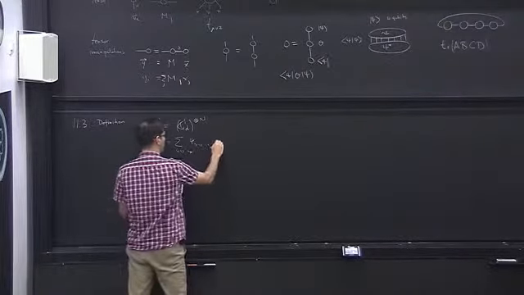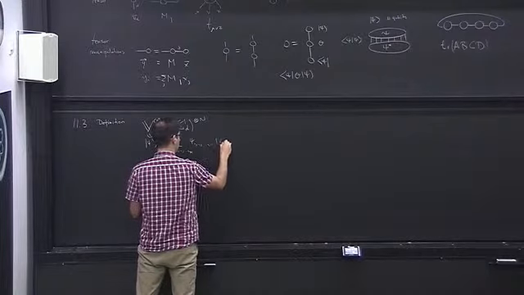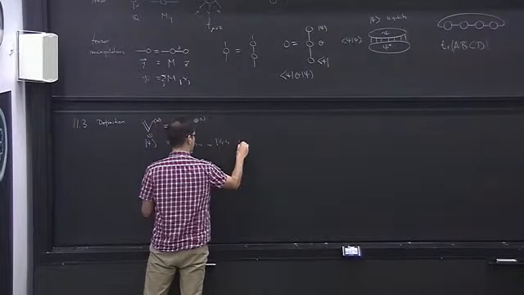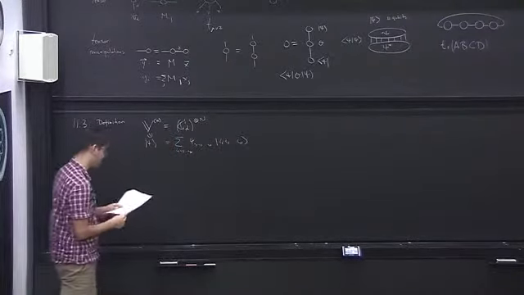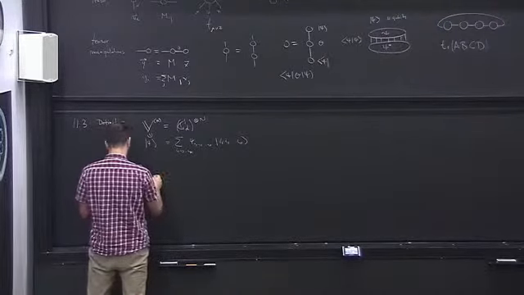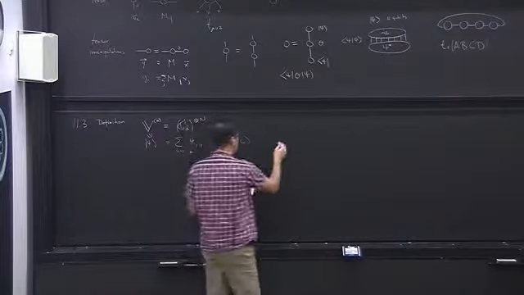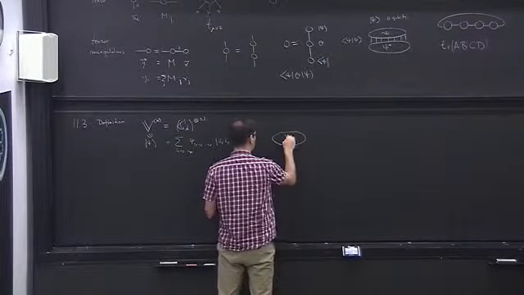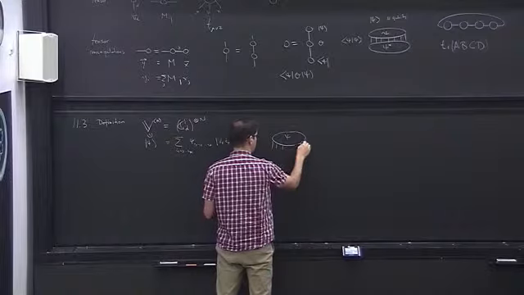These are the coefficients, and then we have the vectors in the product basis. As I just mentioned, we could represent this as a single tensor with n indices.